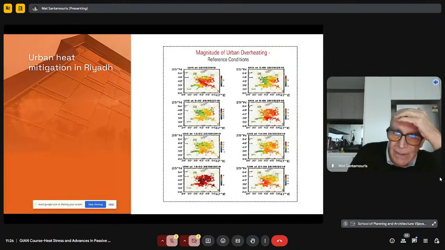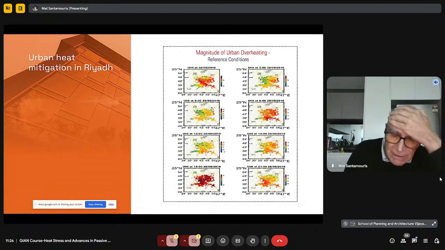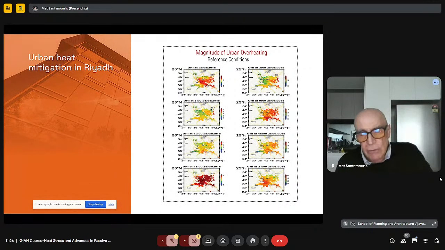And you can see, for example, that during the night, the urban heat island intensity is close to 3 or 4 degrees. But during the day, the urban heat island intensity may go up to 4 or 5 degrees.